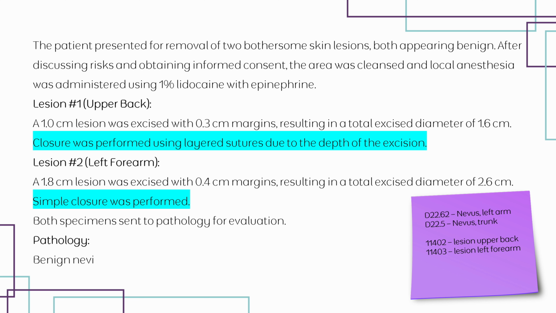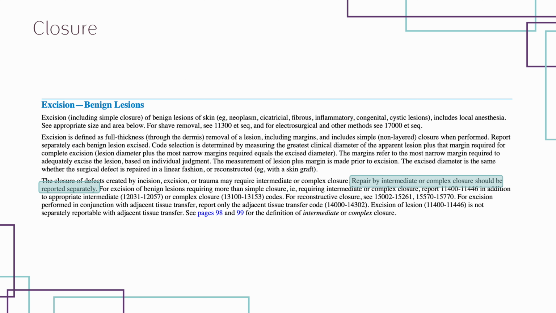And then for the left forearm, a simple closure is performed. According to our guidelines, intermediate and complex closures should be reported separately. And the guidelines go on to tell us the code ranges that we should turn to. So now let's go look at 12031 through 12057 for the intermediate closure.